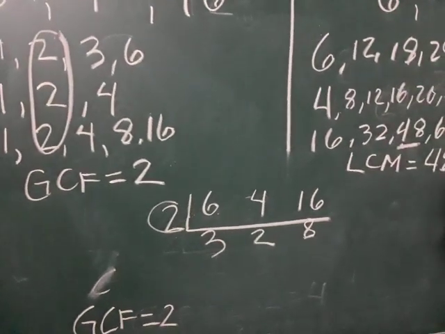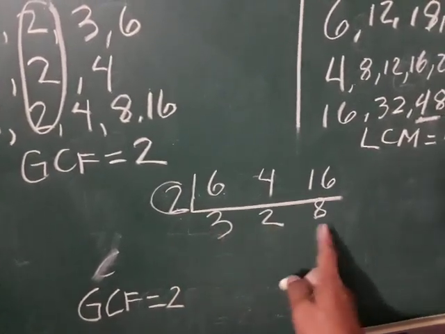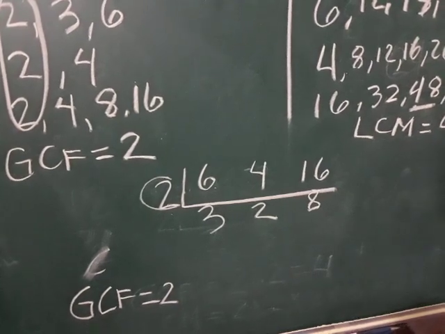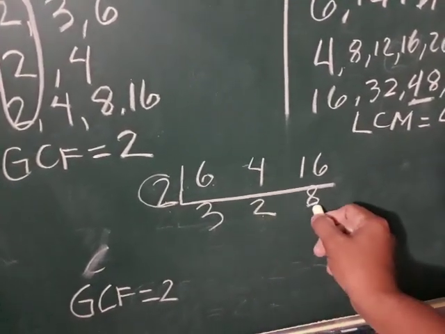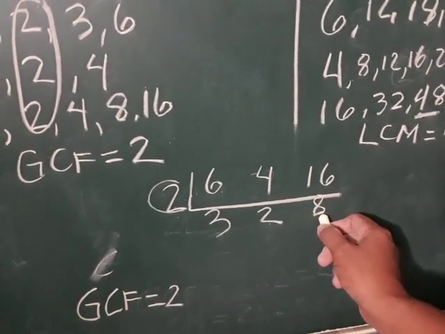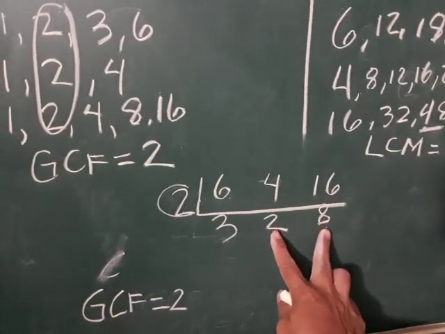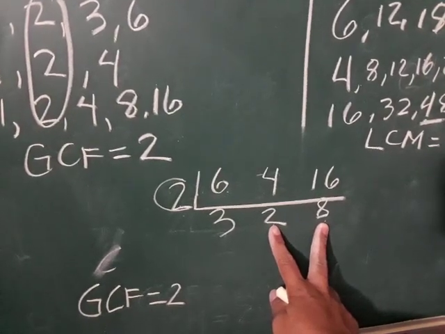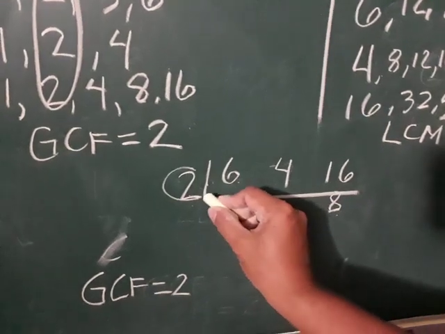How about our LCM? Okay, are we going to multiply all of this? The answer is no. Why? We need to continue first. Because 2 and 8 are still divisible by 2. If two of the given numbers still have a common factor with their quotient, then we are going to proceed.